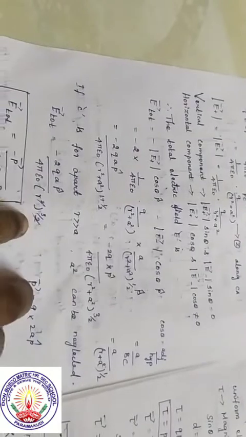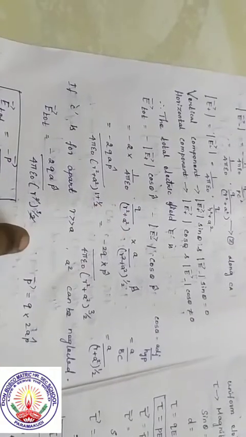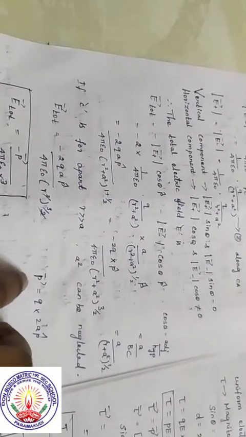Next, if r is much greater than a, we neglect a squared. Then the total electric field is equal to minus 2qa p cap by 4 pi epsilon naught into r squared, with the 3 by 2 power cancelled but the remaining term.